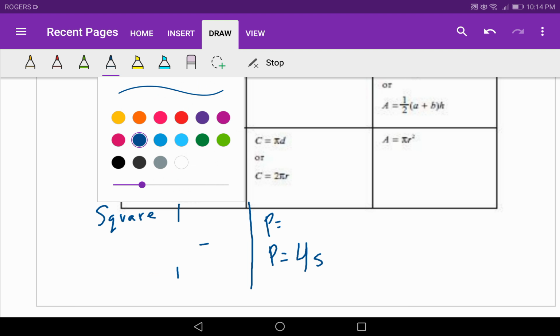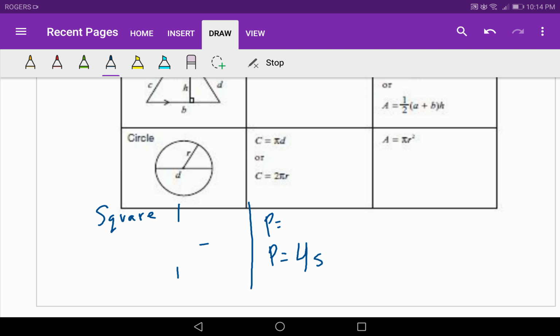I'm going to use the letter S. All right, so let's say these are all S's. They're all the same, and that's why I'm assigning the same letter to each of the side lengths, because the side lengths will always be the same.